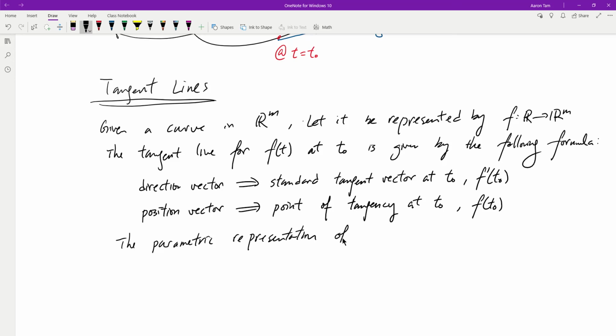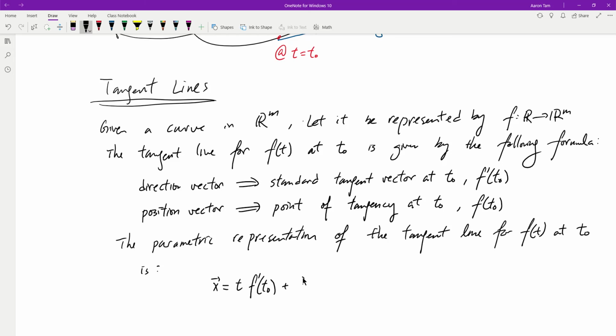So the parametric representation of the tangent line for f of t at t sub 0 is, depending on how you want to write the equation, you can definitely write something like this: vector x equals t times f prime at t sub 0 plus f at t sub 0.